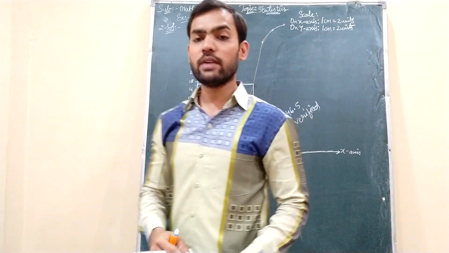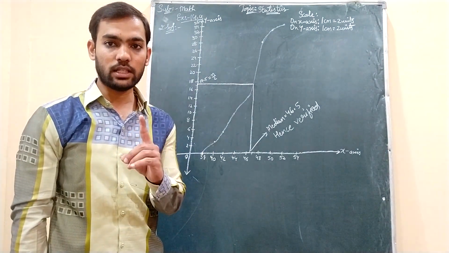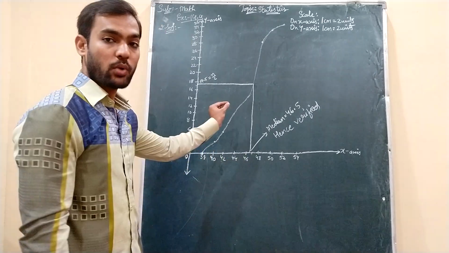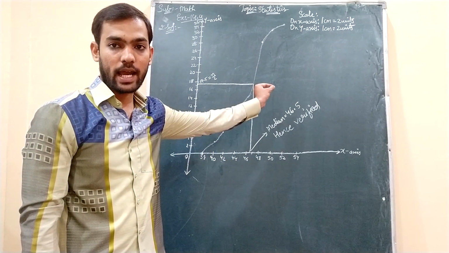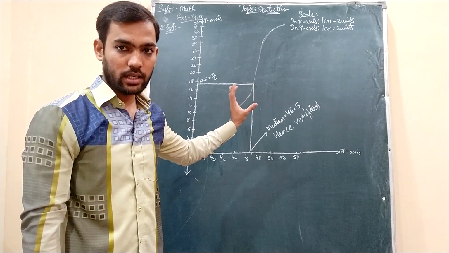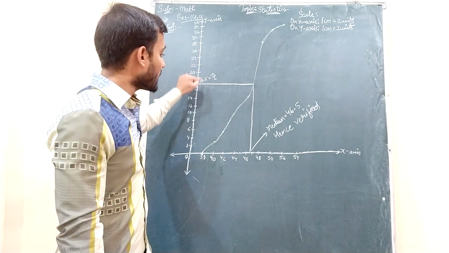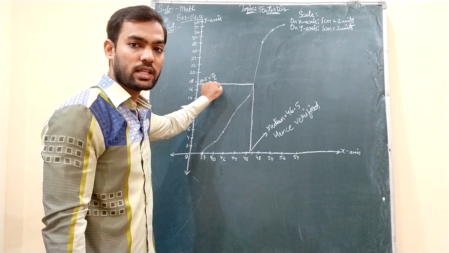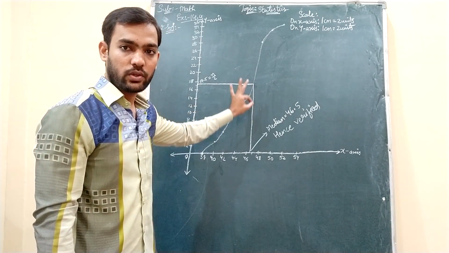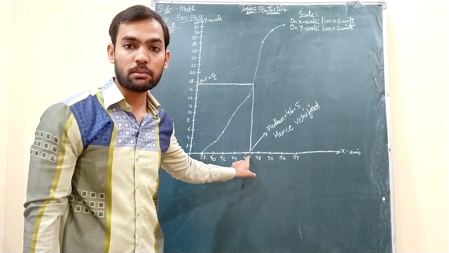Okay, students. So whenever it says draw the ogive and obtain the median from the graph, if a single ogive is given, any less than ogive or more than ogive, then after plotting the points and drawing the ogive using freehand, you need to check the n by 2 value. What you got here is 17.5. That 17.5 we will check on the y-axis, and from that 17.5 we will draw a straight line towards the ogive, and wherever that touches the ogive, from there we go towards the x-axis, and wherever it meets the x-axis, that represents your median.